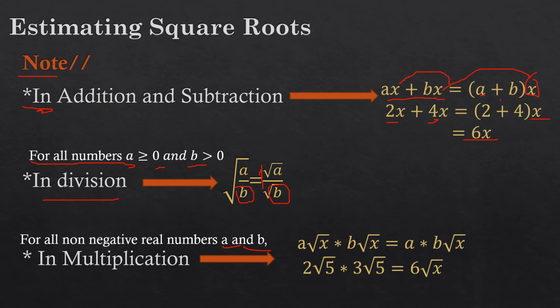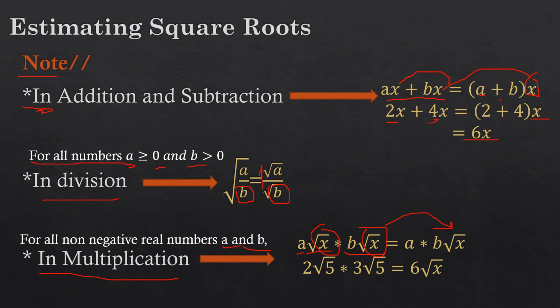In multiplication, we have a square root of x times b square root of x, and you will multiply a by b, but the x are the same, okay? It will be just 1x.